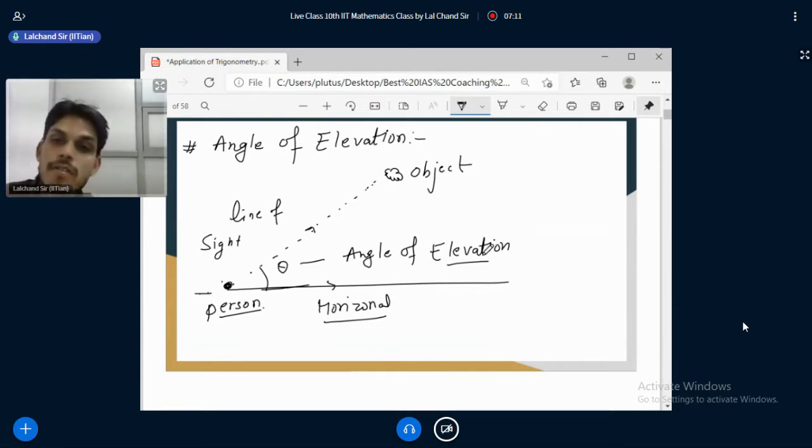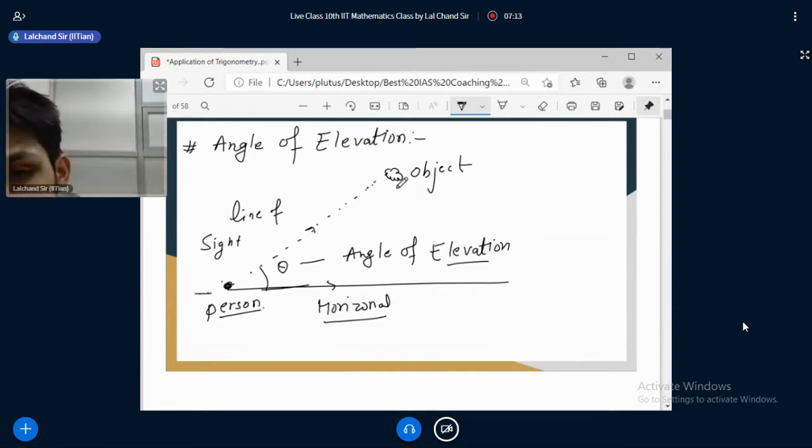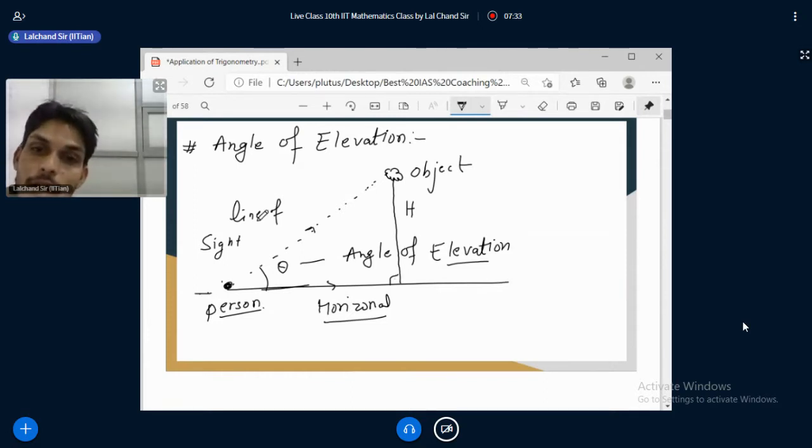Okay. So if this is the height for this object, then we denote by using any variable, or we can say this height is h unit and this is x unit. So here we have right angle. So using the concept of right angle and trigonometric ratio, we can calculate any side of this triangle. Okay. So this is all about angle of elevation.